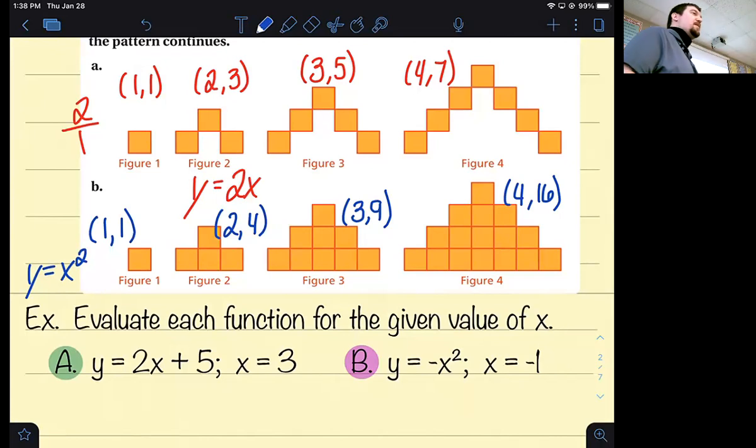What's interesting though is all the perfect squares, like 1, 4, 9, 16, your first 4 perfect squares. They increase by different amounts, but the amount that they increase by actually always goes up by the same. So here's what I mean by that. This went up by 3. This went up by 5.